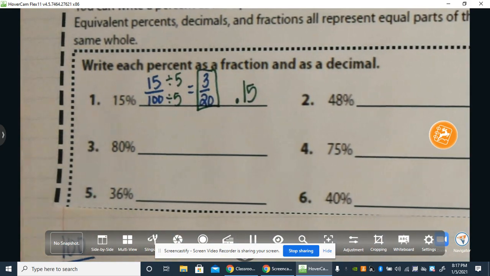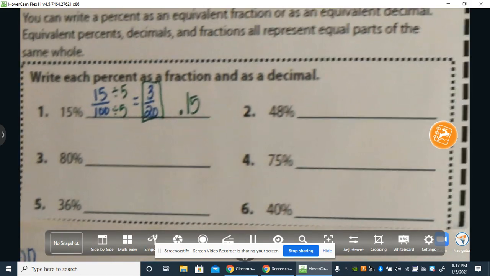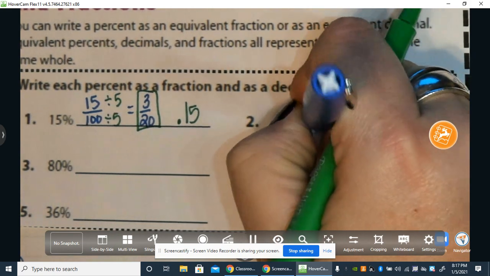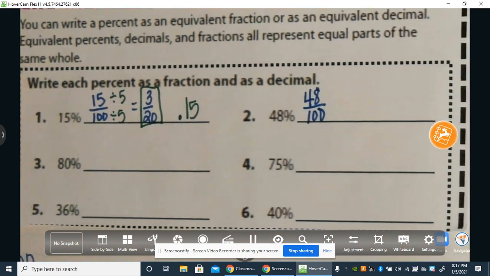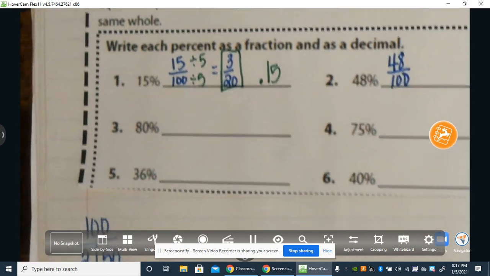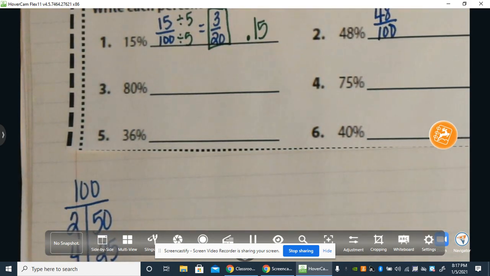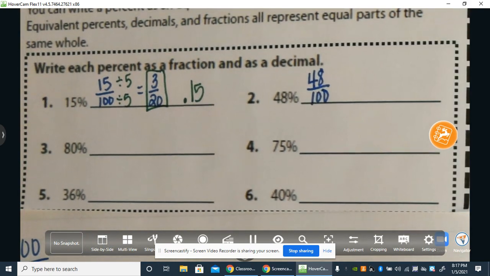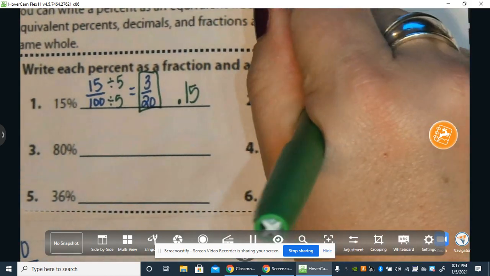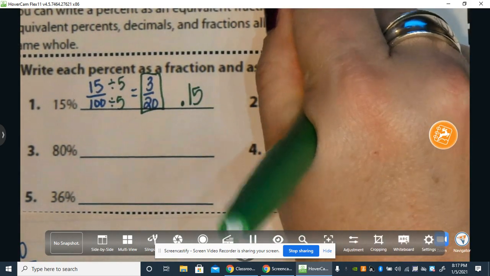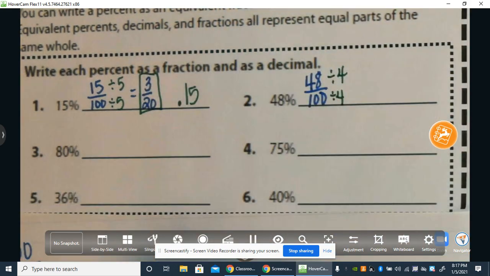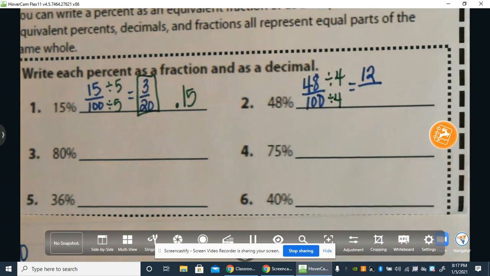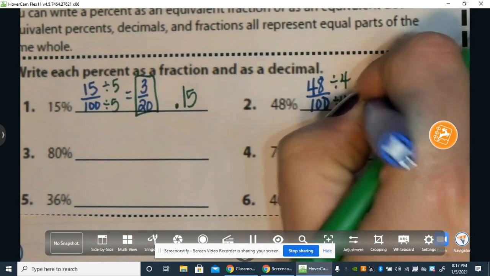Okay, looking at number 2, I have 48 hundredths. That would be 48 over 100. If I look at my factors of 100, 2, 4, 5, 10, well, 2 works, but 4 is the number I will use because it's larger than 2. So I'm going to divide them both by 4, because 4 goes into 48 12 times and into 100 25 times.